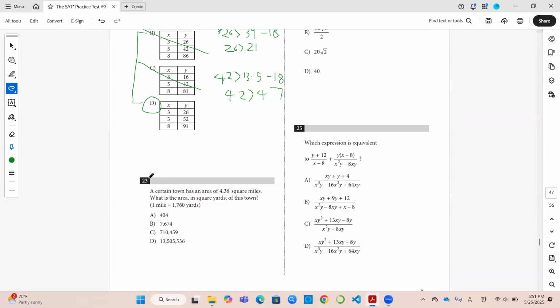A certain town has an area of 4.36 square miles. What is the area in square yards of this town? This is a simple unit conversion problem. So 4.36 square miles, and 1 square mile is equal to 1760 squared yards.